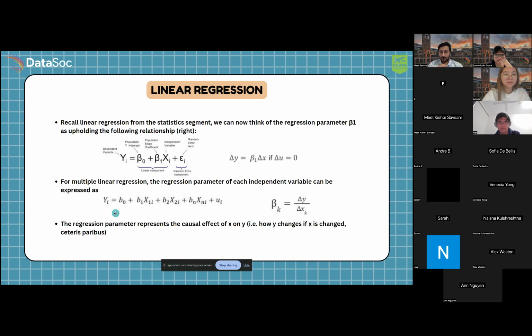So y1 equals b0 plus b1 times x1i plus b2 times x2i plus bn times xni. And then b1 and b2 here represent the causal effect of x on y, which is how y changes if x is changed ceteris paribus, or holding other variables constant.